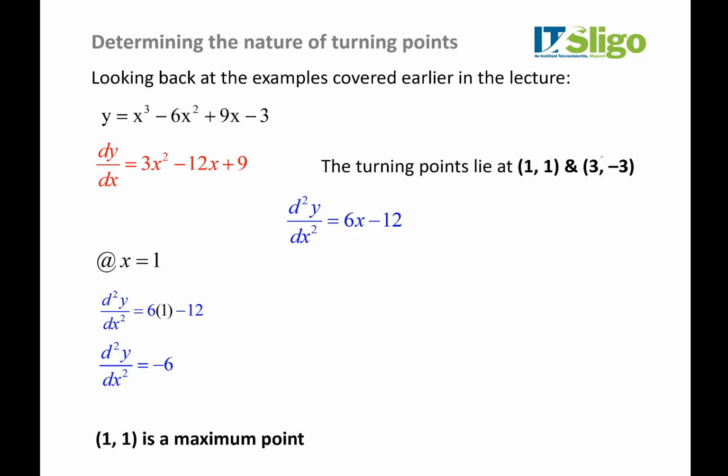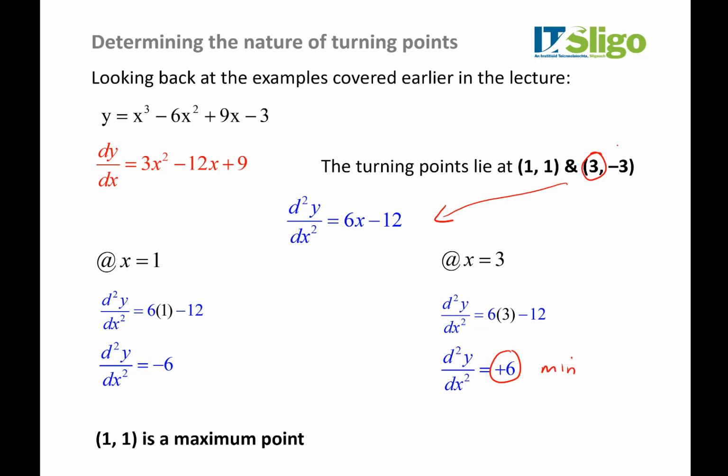We do the same now, we feed 3, the other point, in. When x is equal to 3, we feed that into our second derivative. We get 18 minus 12, which is plus 6. My second derivative is positive, so that means this point is a minimum.